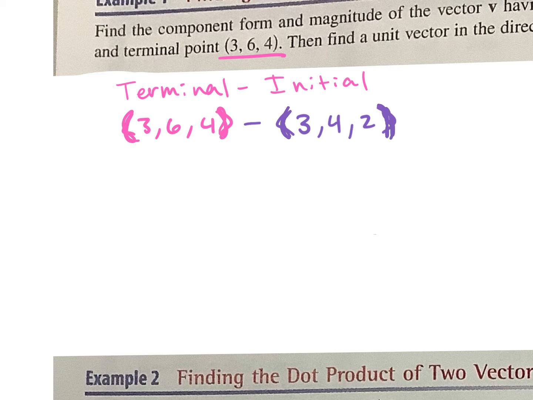It tells you the initial point is, the terminal point is. Just got to read. So it'll be 3 minus 3, which is 0. 6 minus 4, 2. And 4 minus 2, 2. So this is our vector in component form.